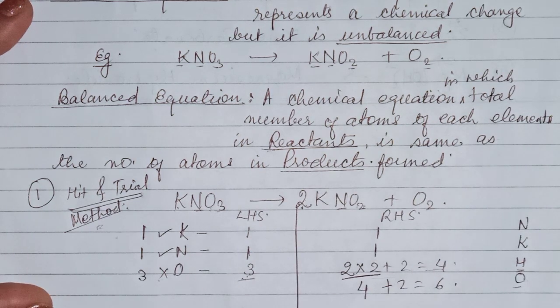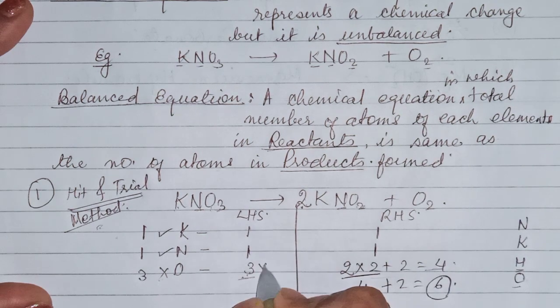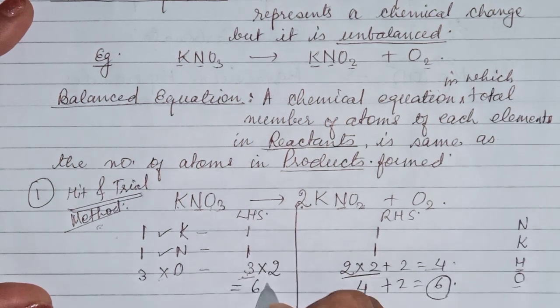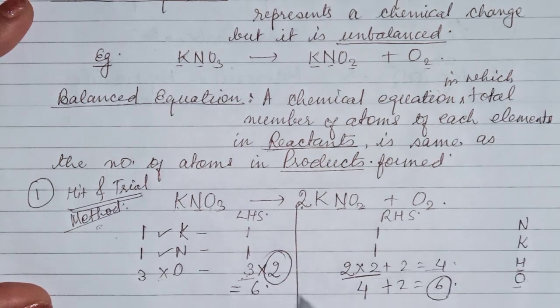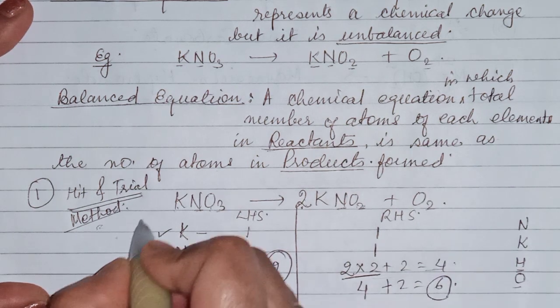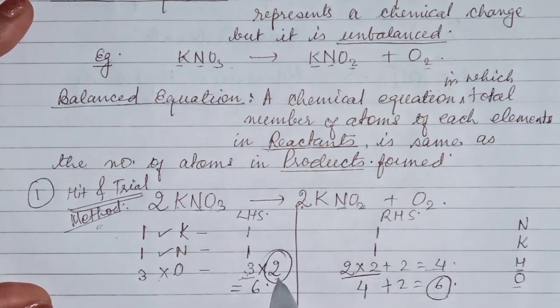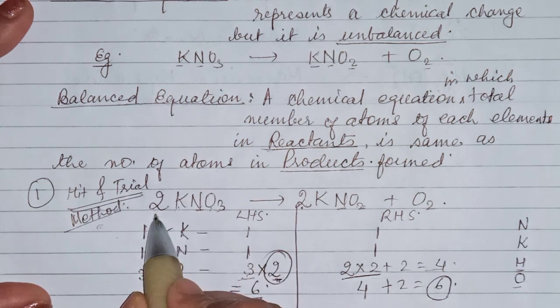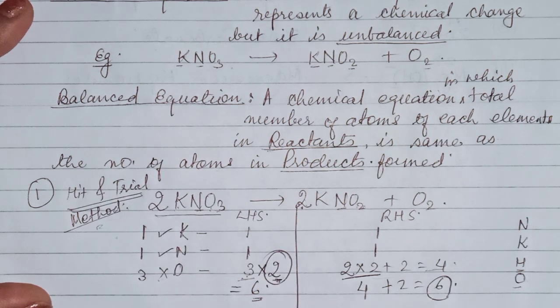So what will be the number to make it 6? Obviously 2. Whatever number you are choosing, you have to put it here as the coefficient. Here I am putting 2 to make it 6. So 2 will be the coefficient for this full chemical formula.